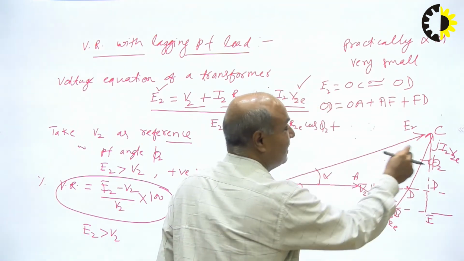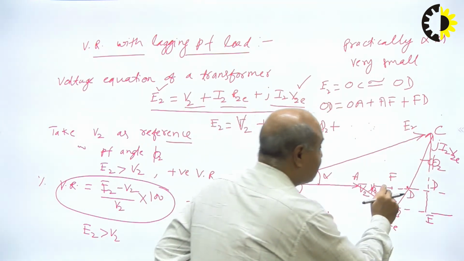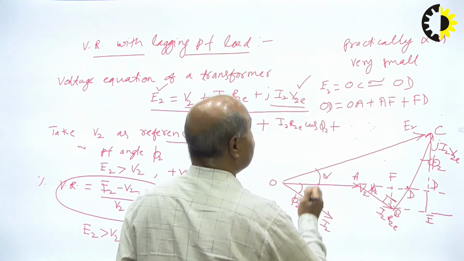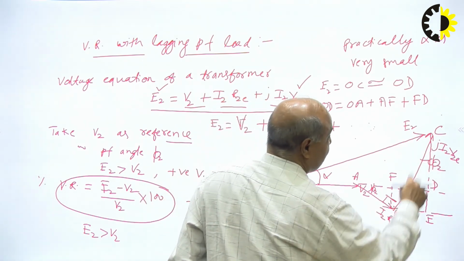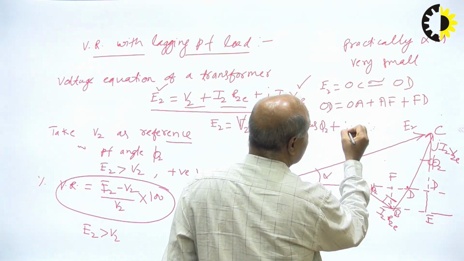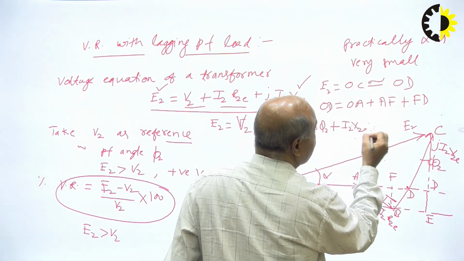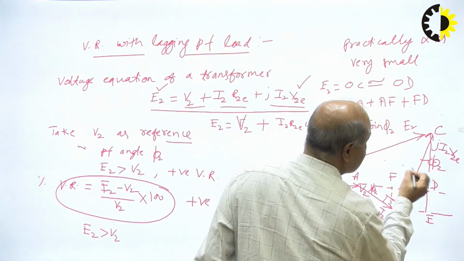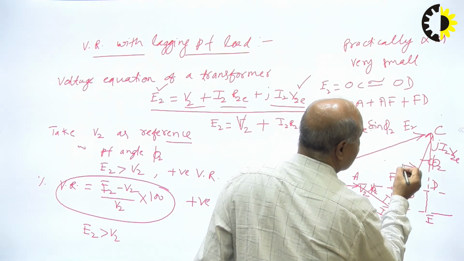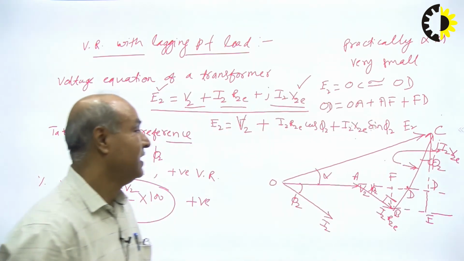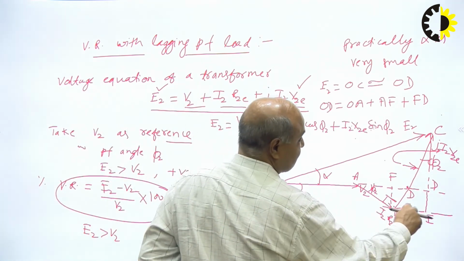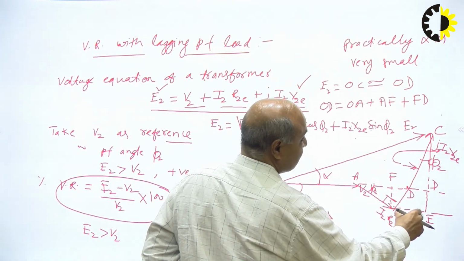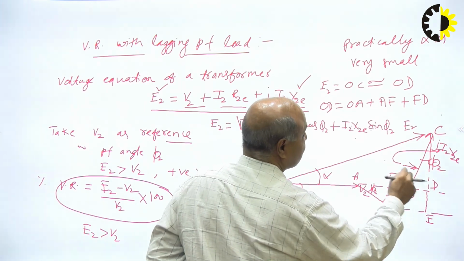Now FD equals BE, which is I2 X2E sine phi 2, because this length is I2 X2E. So FD is I2 X2E sine phi 2.